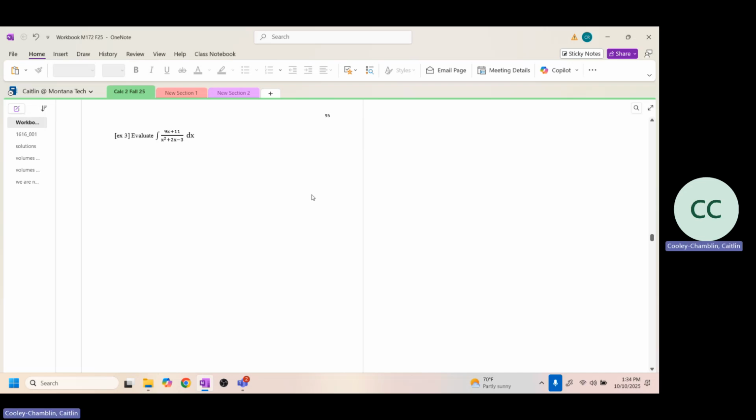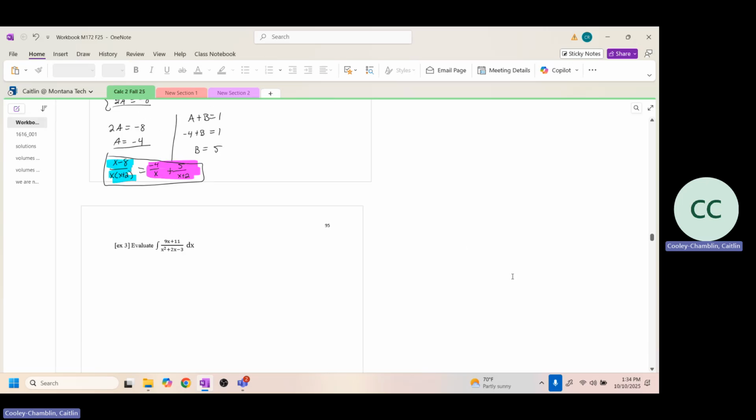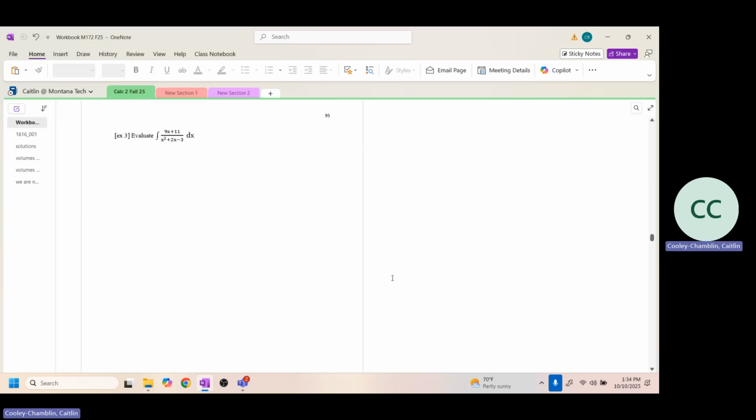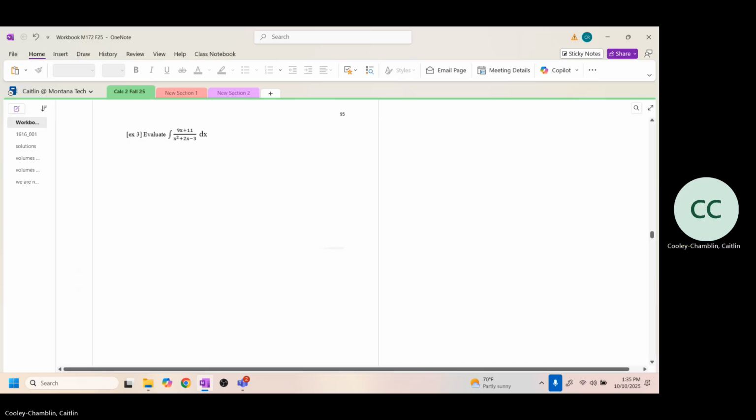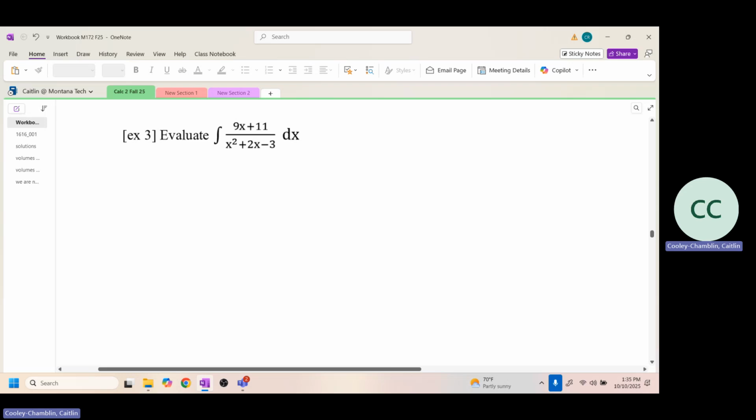Or you might be writing small enough because you're writing by hand and not on a computer. What I'm going to do is use this page, and if I need overflow, I'm going to come out here. Just a heads up, these problems are long, and I'm going to show all the steps versus skipping a lot of the steps on the integration. Okay, let's zoom in. Let's see if I can not aggravate this computer.